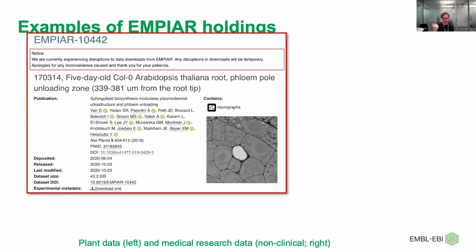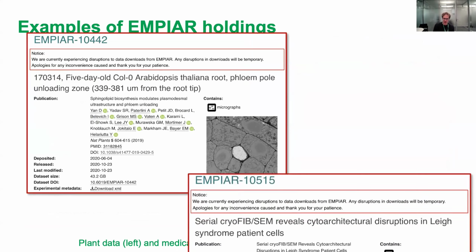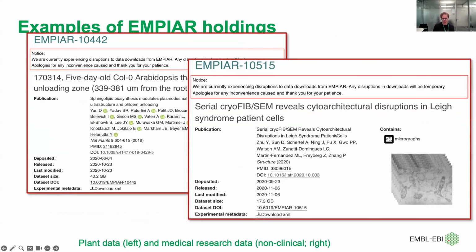But the part of data that's probably most relevant and useful for this audience is three-dimensional EM data. EMPIAR has a growing collection of data from the various serial sectioning or ion beam milling electron microscopy techniques, and those include quite a range of things. The example on the left is plant data, and as I mentioned, there is human data, which is in a sense biomedical in use, but not patient identifiable.